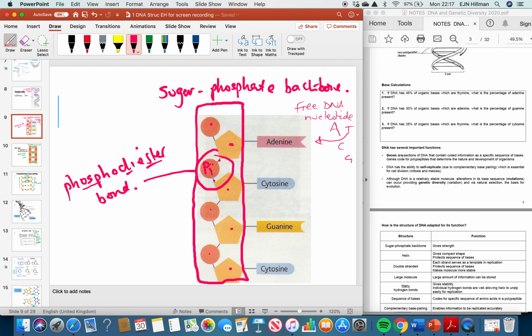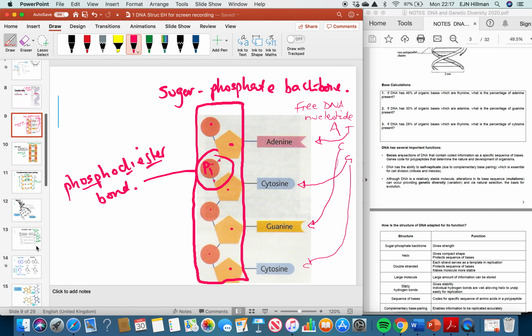So thymine would spontaneously, without any influence of any enzymes, without any help, pair up with adenine. Guanine would spontaneously pair up with cytosine, and therefore cytosine would spontaneously pair up with guanine, and then another guanine with cytosine down there.